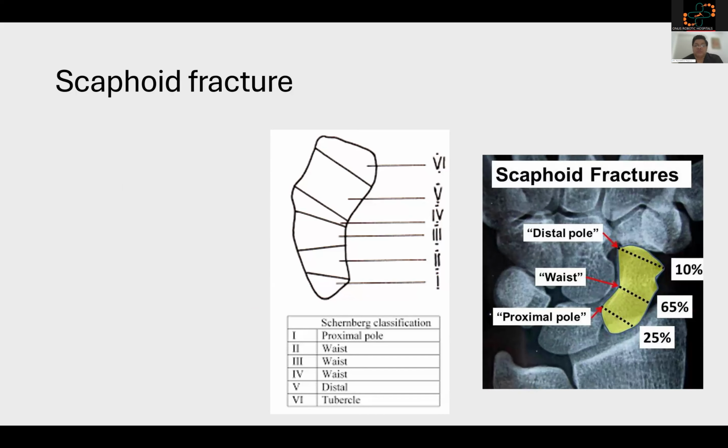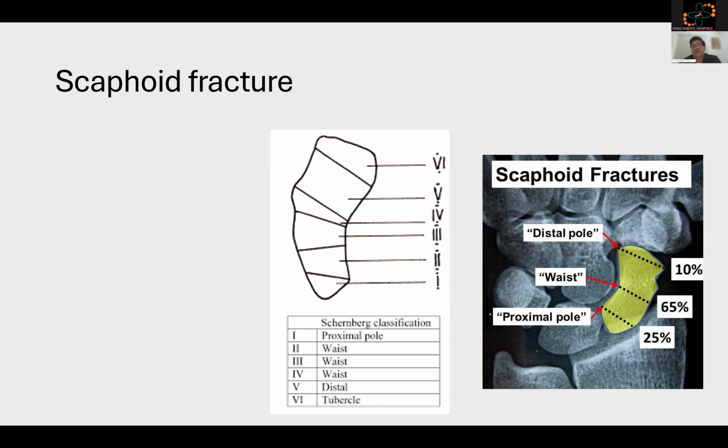The classification is mainly based on the complication. The proximal pole is the most avascular part, and then there is the waist. Waist fractures are the commonest fractures, at 65%.